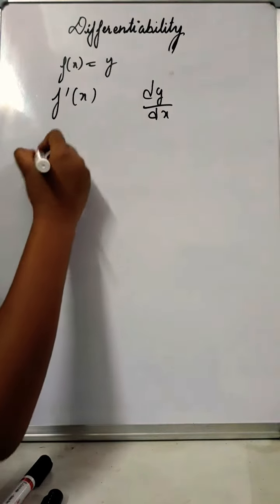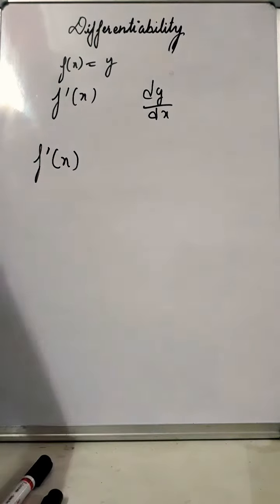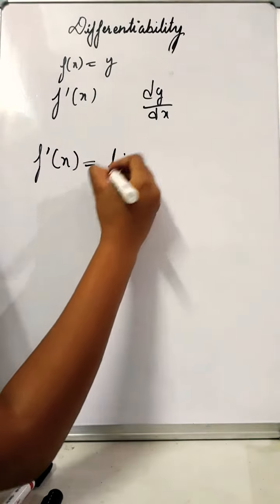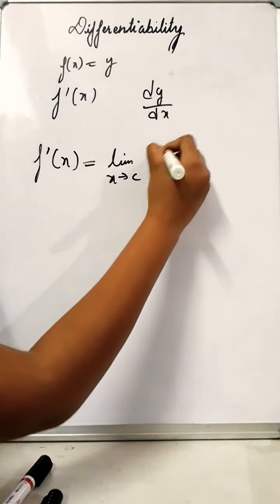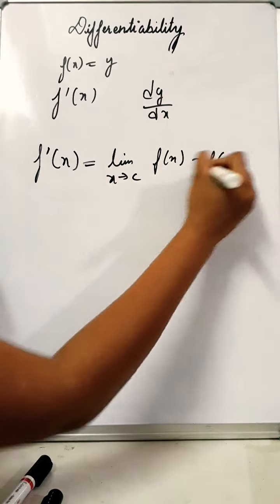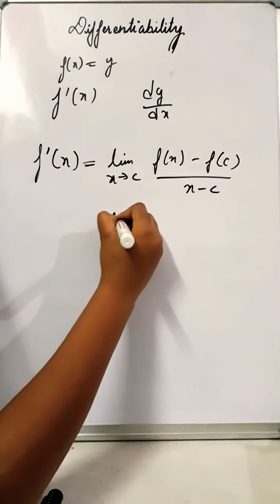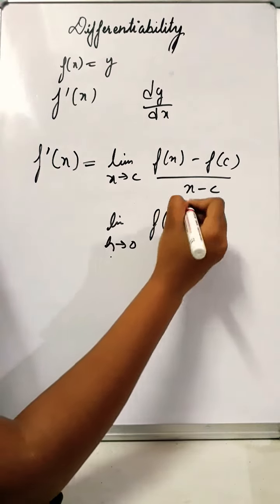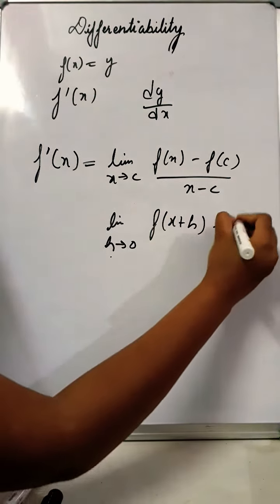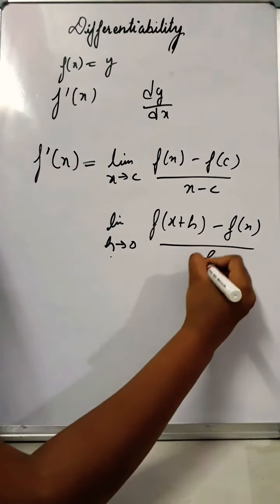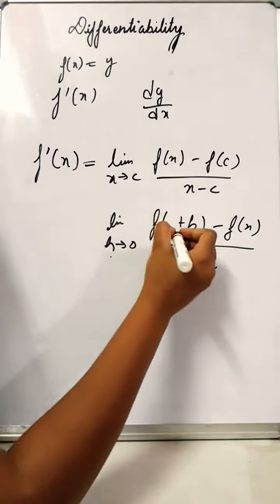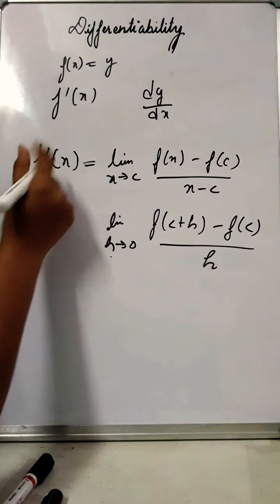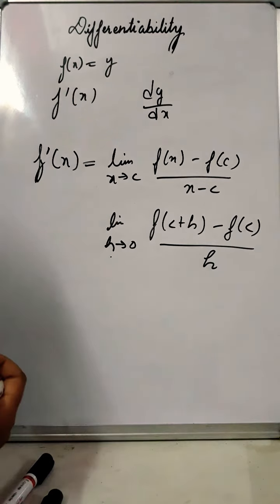If you are to find the differentiation of the function in terms of limit, then this can be represented as limit x tends to C, f of x minus f of C whole upon x minus C. Or if you change the limit, it goes to limit h tends to 0, f of x plus h minus f of x whole upon h. You are tending towards C. So this is how your derivative is represented in the limit form.